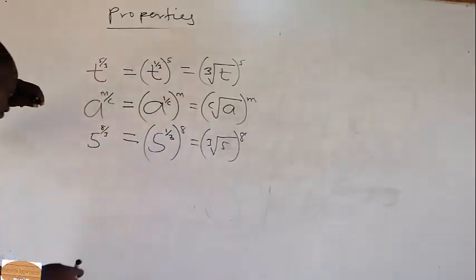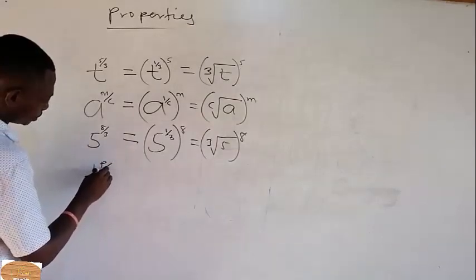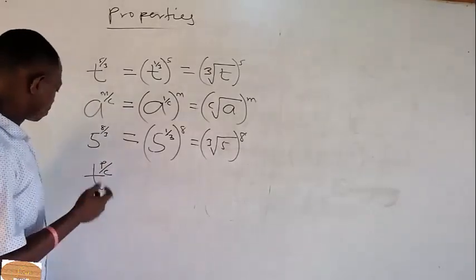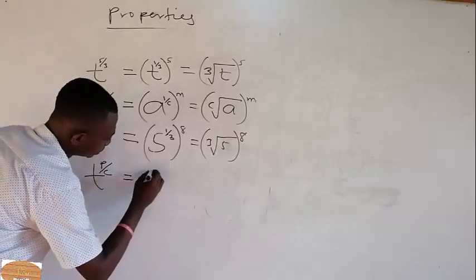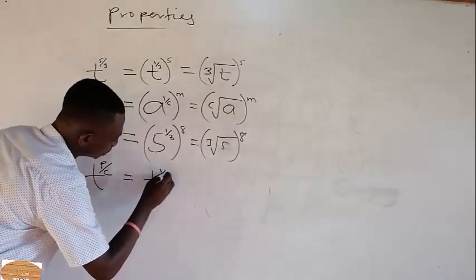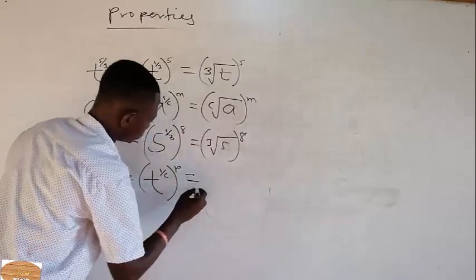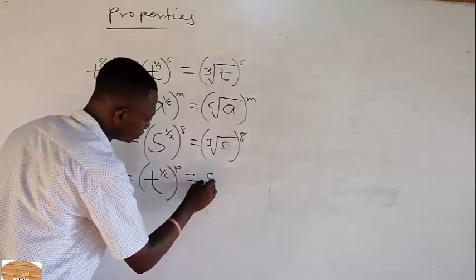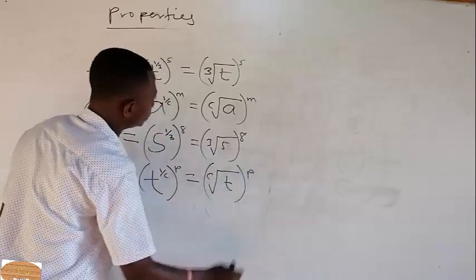So let's try this one by example. t to the power p over c is the same as t to the power 1 over c, all to the power p, which is the c-th root of t, all to the power p.